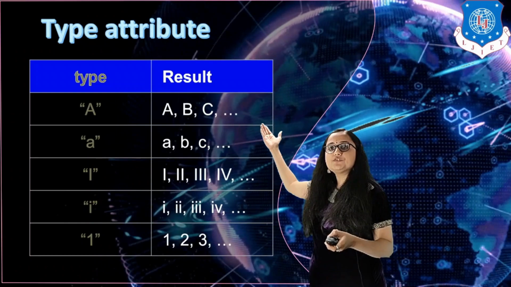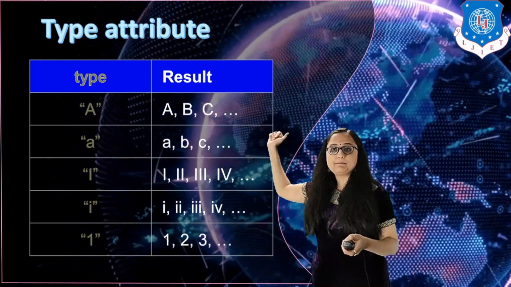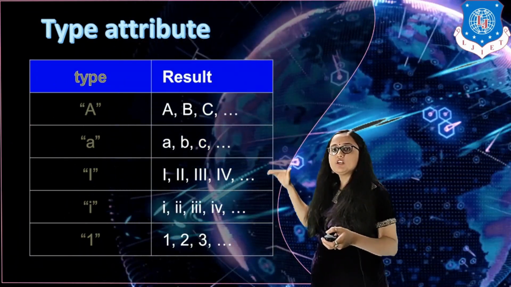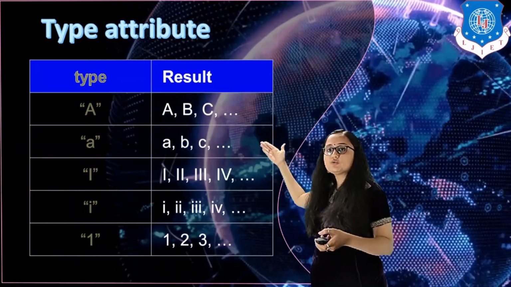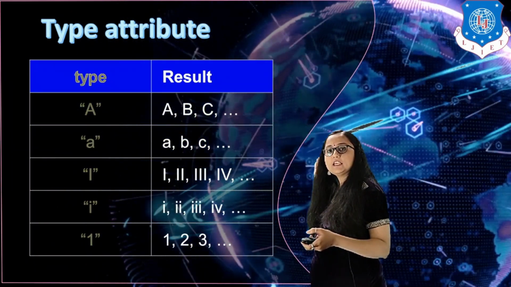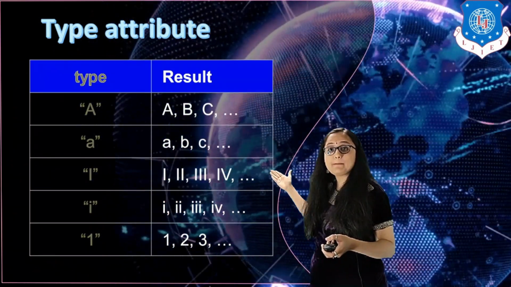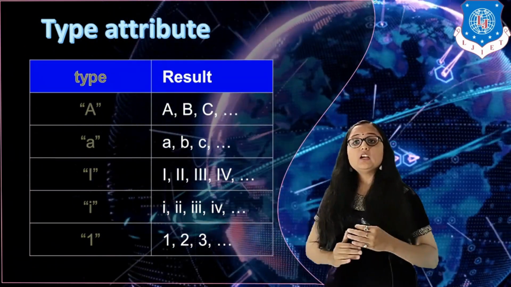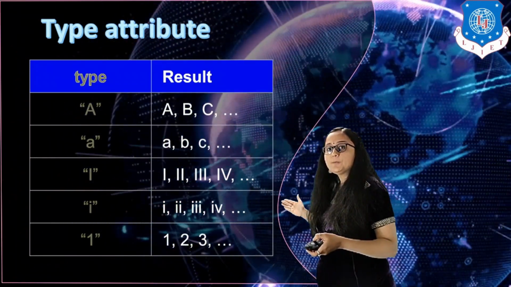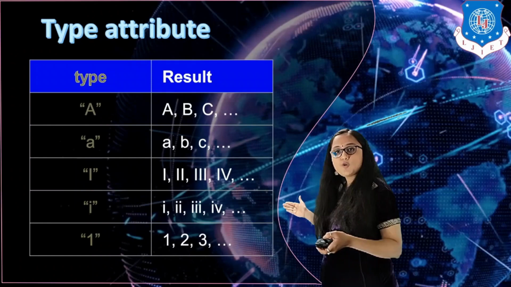Now what are the different possible values of type attribute? Here you can see the first value is type is equal to capital A. If you are using type is equal to capital A, then the sequence will be capital A, B, C, D. If you are using type is equal to small a, then your sequence will be small a, b, c, d. If you are using type is equal to capital I, then it will be big Roman numbers. If you are using type is equal to small i, then it will be small Roman numbers.